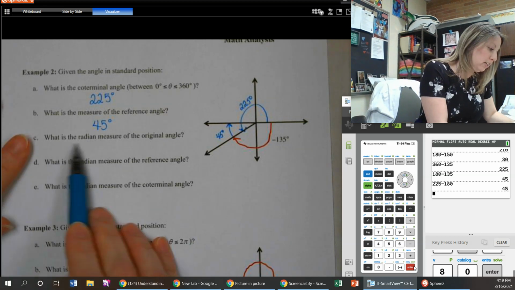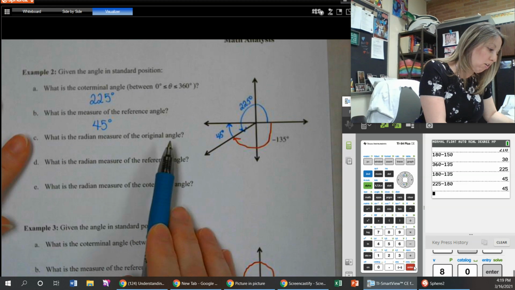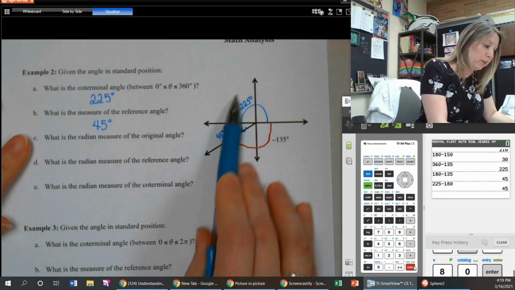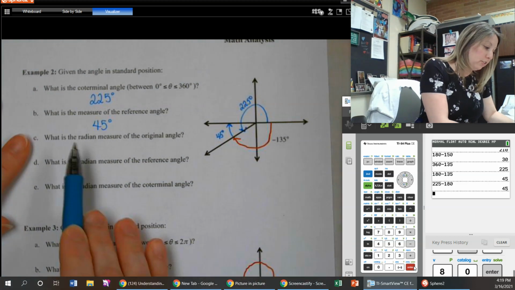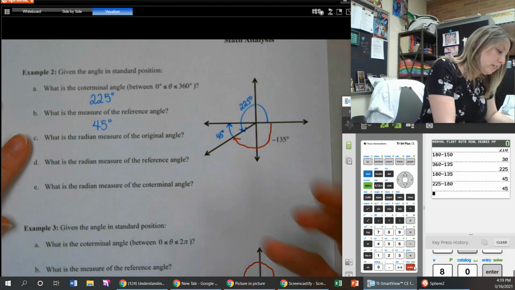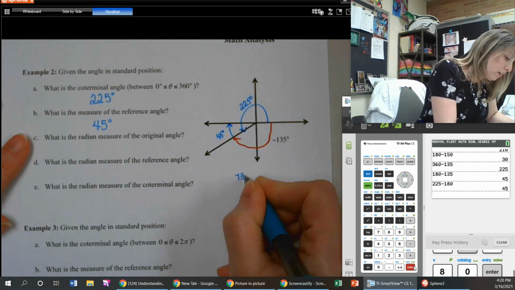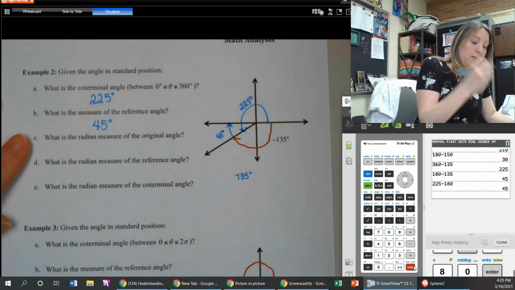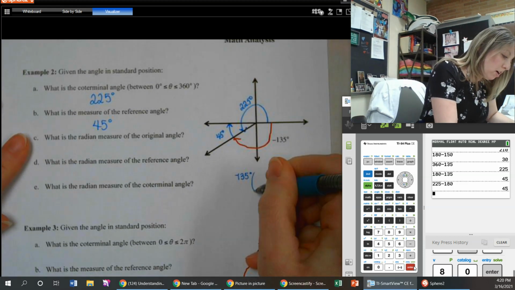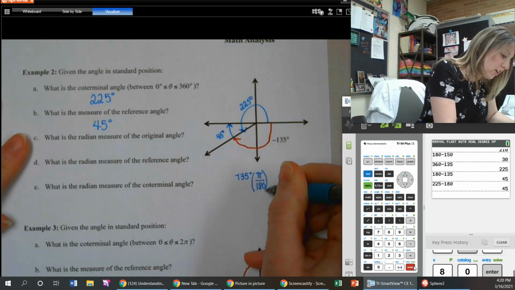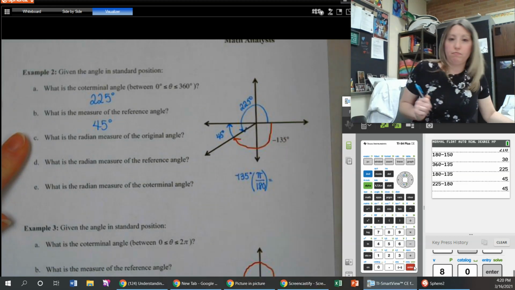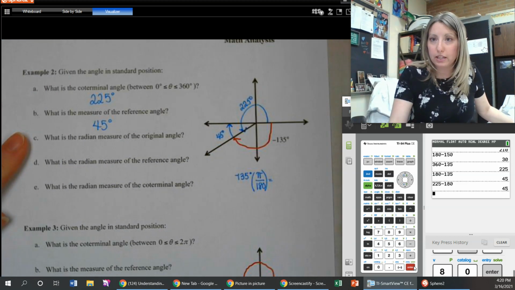What is the radian measure of the original angle? Well, we need to convert negative 135 into radians. Since negative 135 is already in degrees, that's how I know I multiply by pi over 180, because I need there to be a pi in my answer since I'm going to radians.